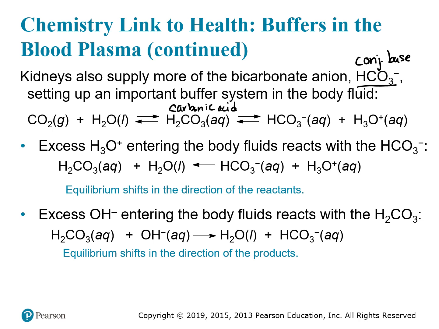You should be able to, with this equation, understand what happens when you have excess acid and when you have excess base. When you have excess acid entering the body, that's going to interact with the conjugate base, and you're going to form more of your carbonic acid.